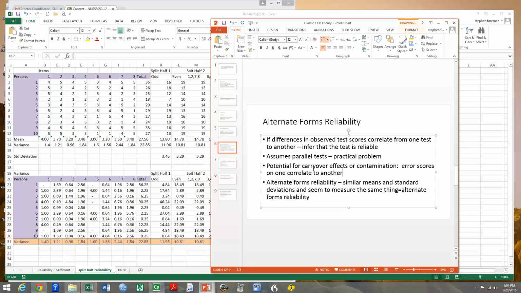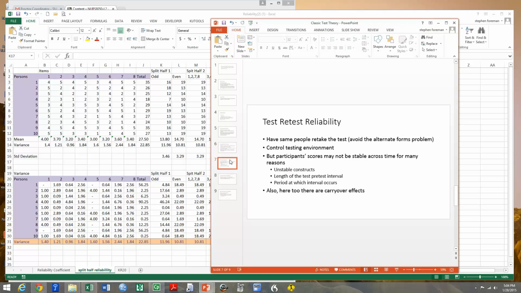When you take tests multiple times, there are carryover effects, and so the errors in one can relate to the other. Alternate forms reliability assumes similar means and standard deviations. Again, very similar to parallel tests. You could have a test and a retest. You could have people take the same test to avoid the alternate forms problems. But again, participant scores may differ across time, and there are carryover effects.